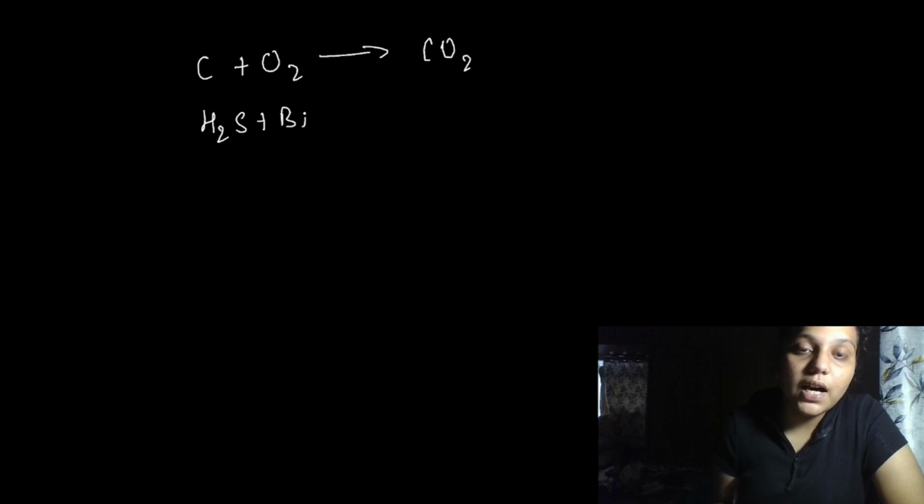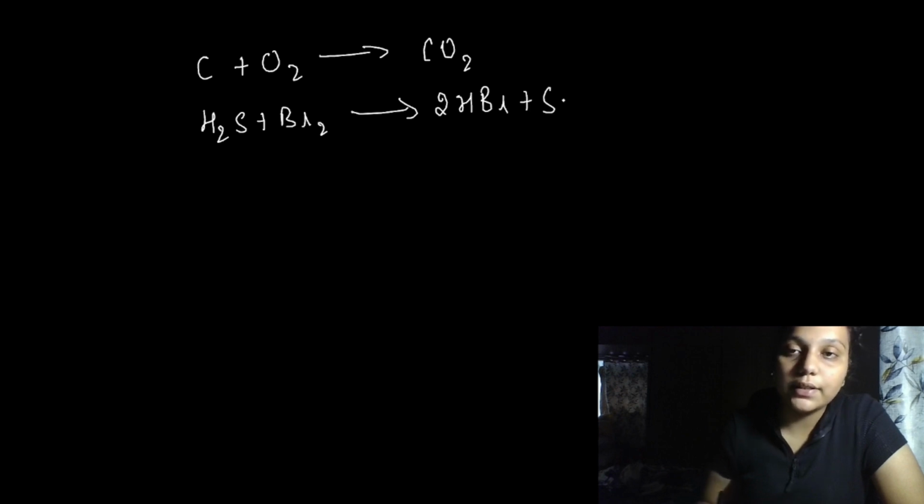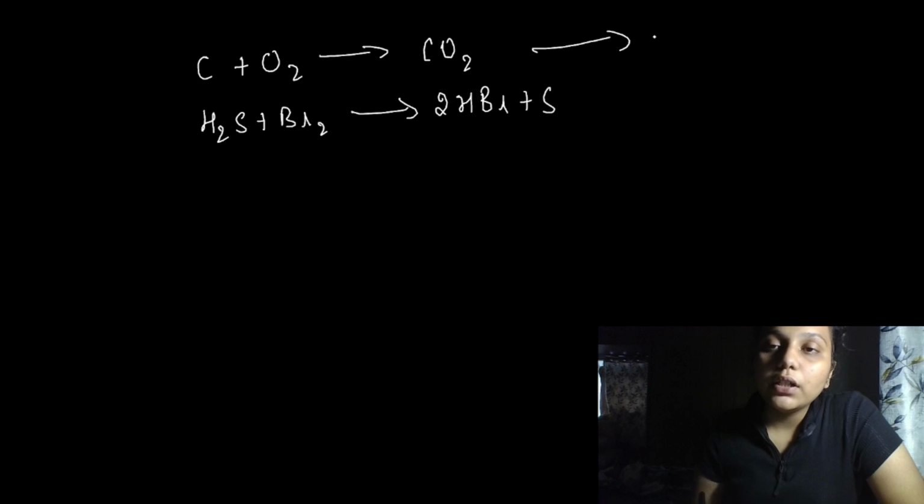So what are the examples you can give? That is C plus O2, which gives CO2. We are adding oxygen here, so we can consider that this is an oxidation reaction. Okay, so then H2S plus Br2 gives 2HBr plus S. So here we need to mention oxidation.